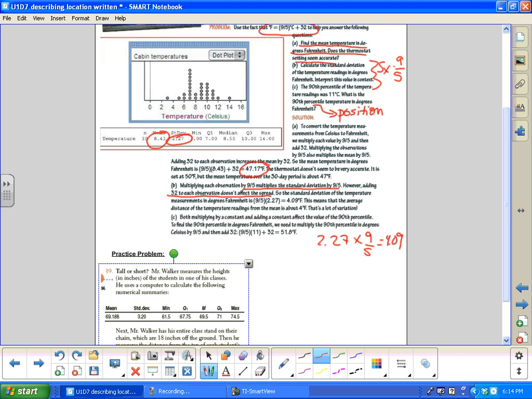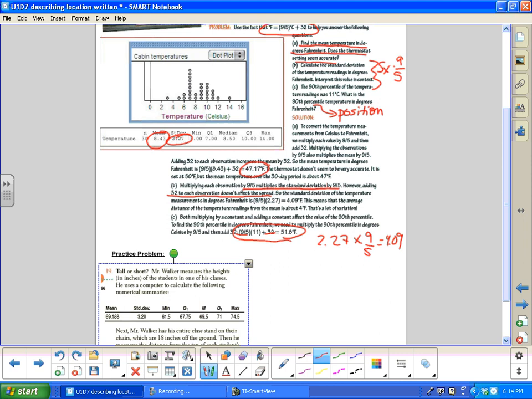And so here, if we look back at those two sets of rules, when you add, you add. When you multiply, you multiply. So we're going to both add and multiply. We take our 11 degrees Celsius, plug it into the formula, and we get 51.8 degrees Fahrenheit, because we multiply by 9/5 and we add 32.